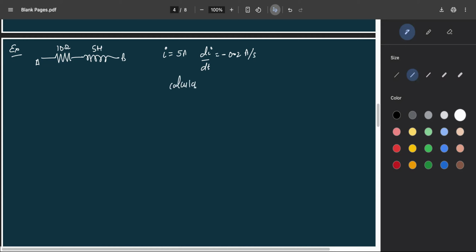Calculate VA minus VB. This is what you're supposed to calculate.